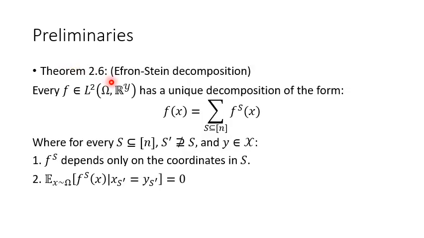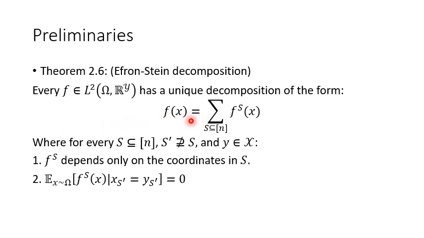Let's now see an important tool we will use a lot called the Fourier-Efron-Stein decomposition. So for every function from our inner product space, it has a unique decomposition of the form f of x equals the sum of f_S of x, where S are all sets of coordinates.